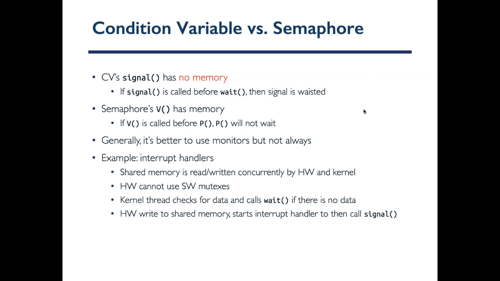Now, the one who is going to signal does not hold the mutex, so there is no mutual exclusion in terms of the internals of this monitor. So this signal could be sent right before the kernel thread goes to sleep.